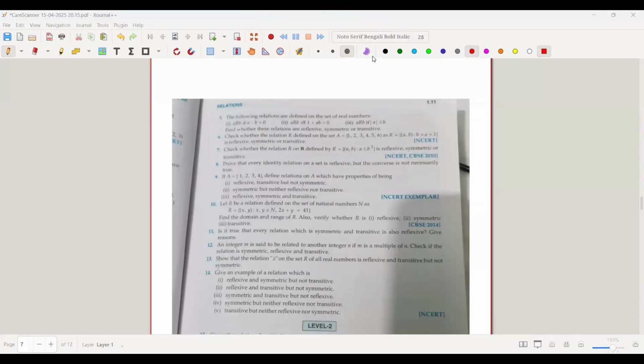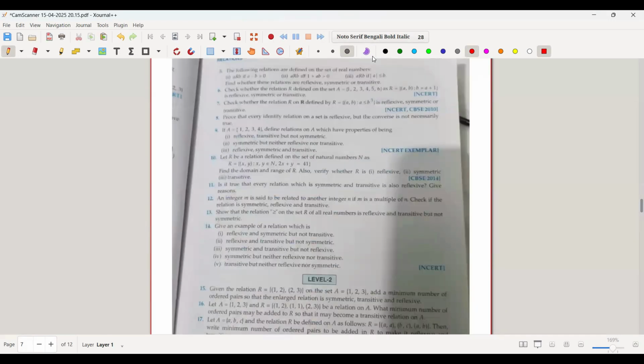Question number 6. Check whether the relation R defined on the set A = {1, 2, 3, 4, 5, 6} as R = {(a, b) such that b = a plus 1} is reflexive, symmetric, or transitive. It is an NCERT problem, and we have done it before.